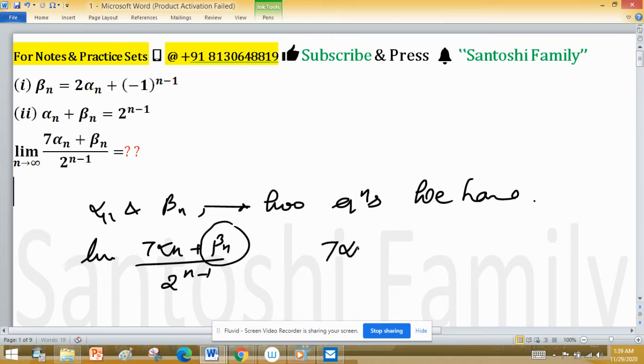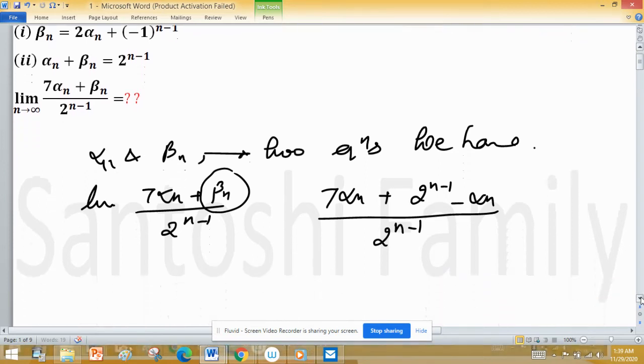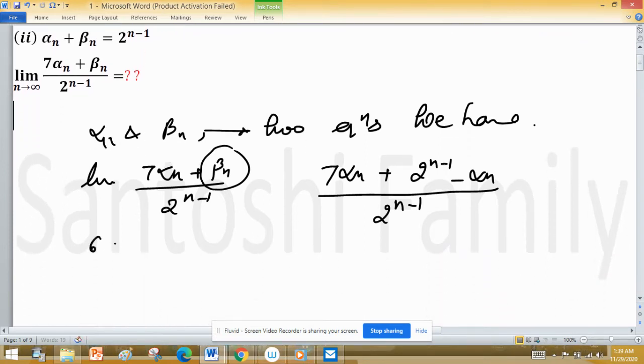So 7 alpha n plus 2 raised to the power n minus 1 minus alpha n, from equation 2, divided by 2 raised to the power n minus 1. It will be 6 times alpha n divided by 2 raised to the power n minus 1 plus 1.